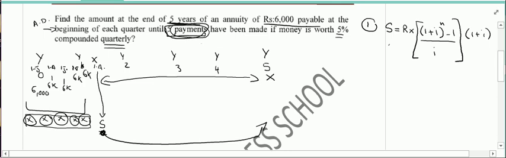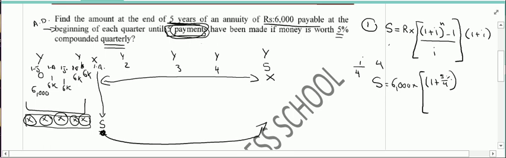And yes, since it is compounded quarterly, we will divide the interest percentage by 4 and multiply the number of years by 4. So S is equal to 6,000 multiplied by (1 plus i, where i is 5% divided by 4) power n.